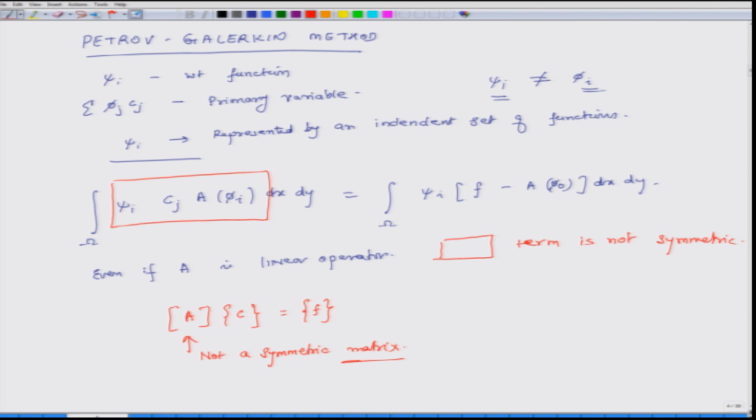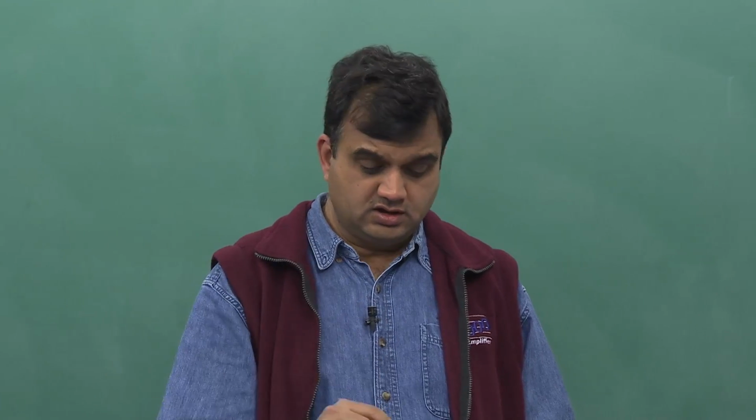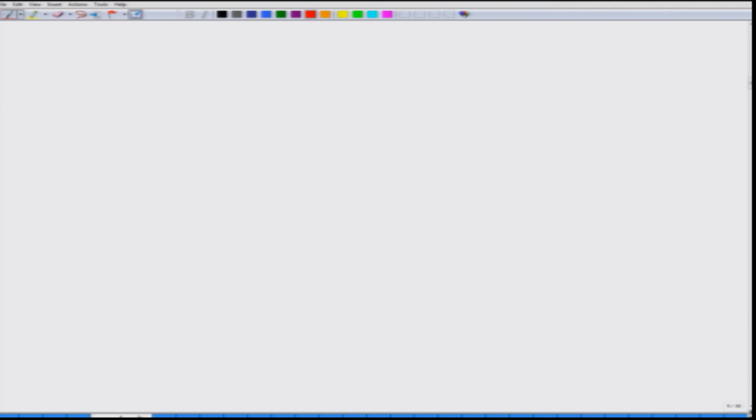If we want it to be symmetric, and A is an operator of even order, second order or fourth order, then we can weaken the differentiability and get a symmetric matrix. But if we keep it as is, the A matrix will not be symmetric. So this is all about the Petrov-Galerkin method.